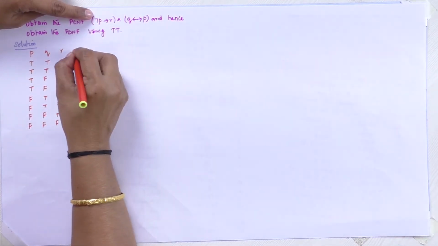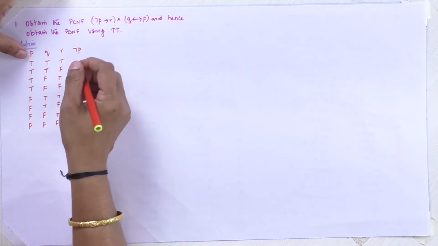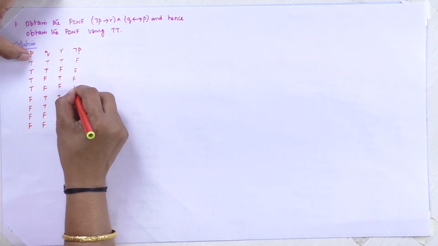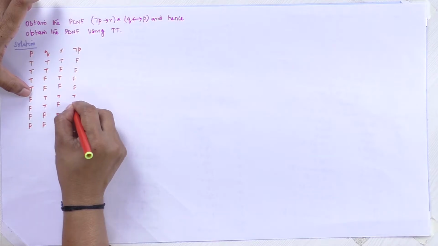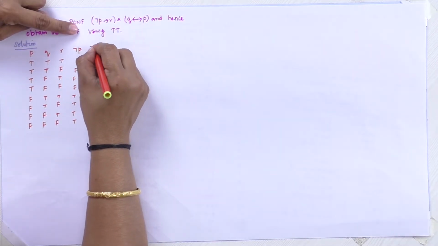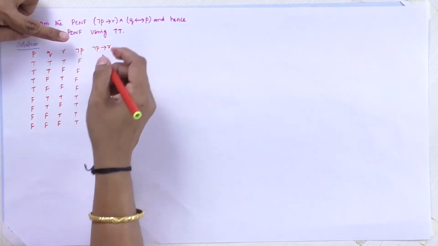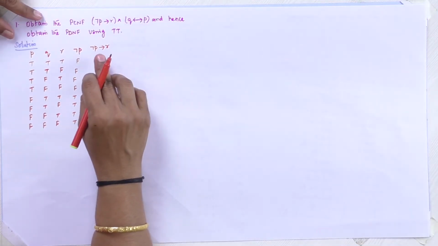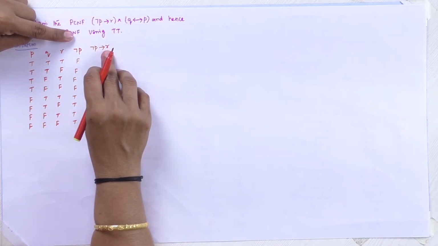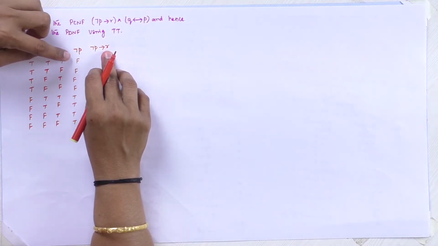First I will find out what is not P. So not P is F, F, F, F, and here T, T, T, T. Next is not P conditional R. Whenever I have not P with truth value T and R with truth value F, the resultant will be F. I will have to look into that.